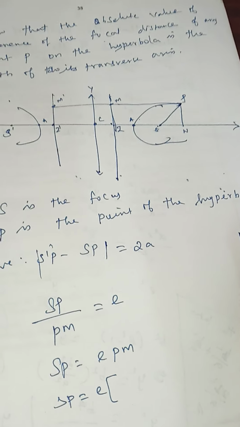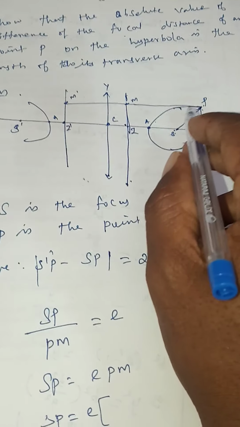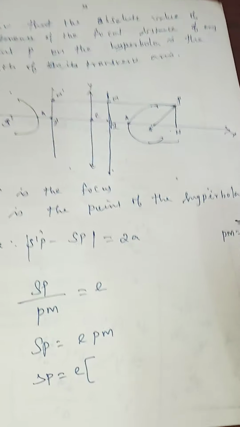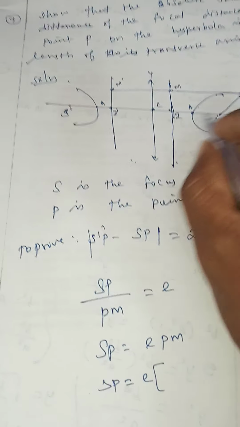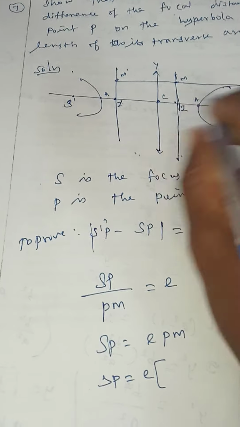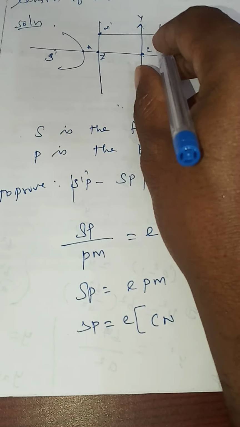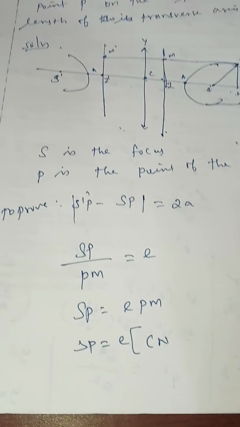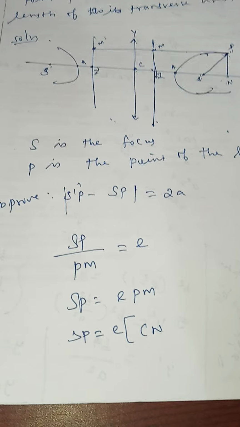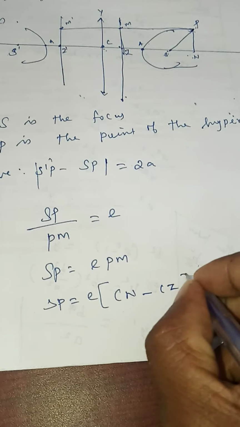PM is equal to CN in the diagram, that is PM equals ZN, with the extra part CZ.